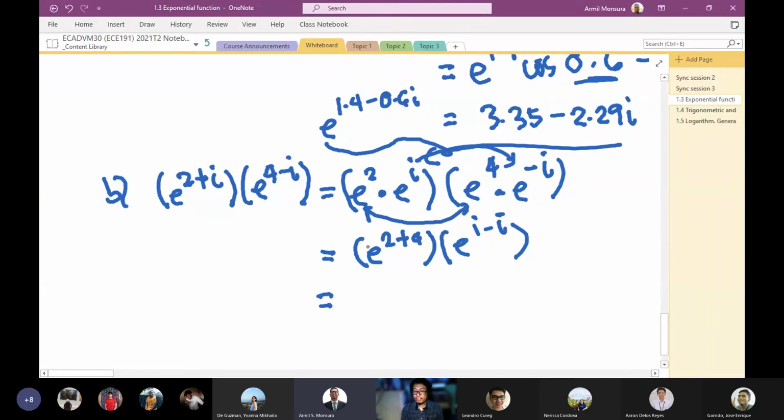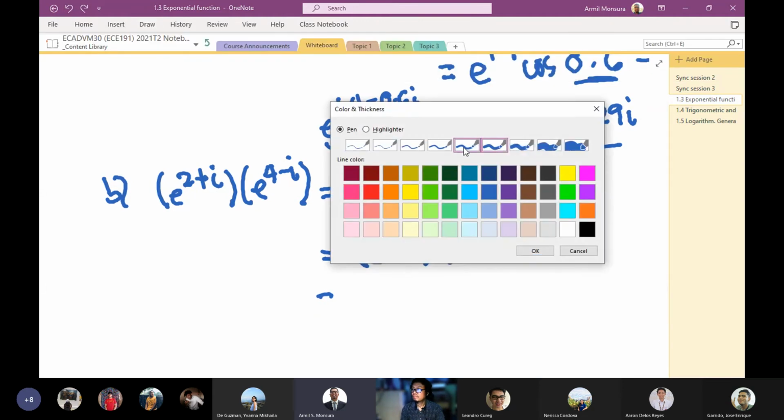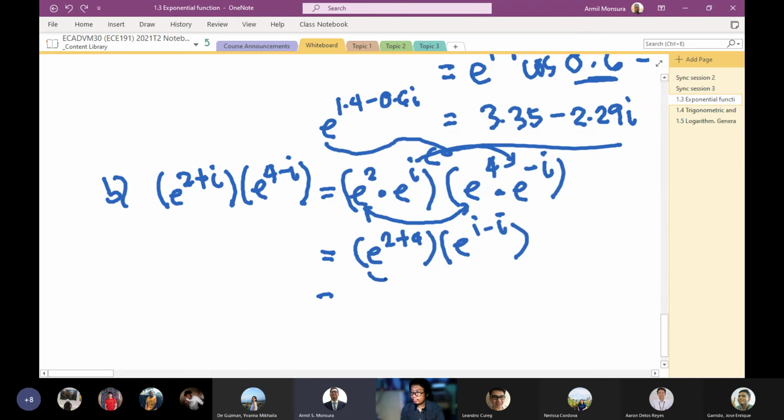So this factor becomes E raised to 6. And then multiply this with E raised to 0, because this is I minus I, and I minus I is 0.